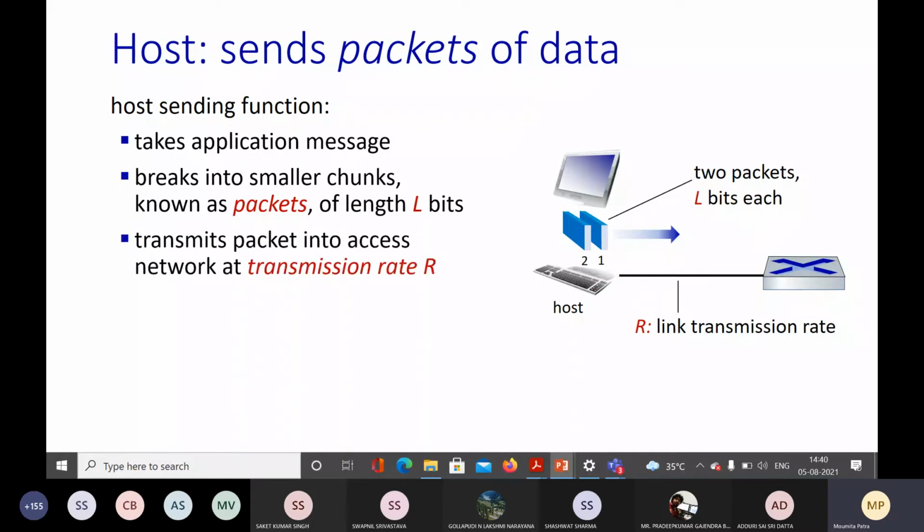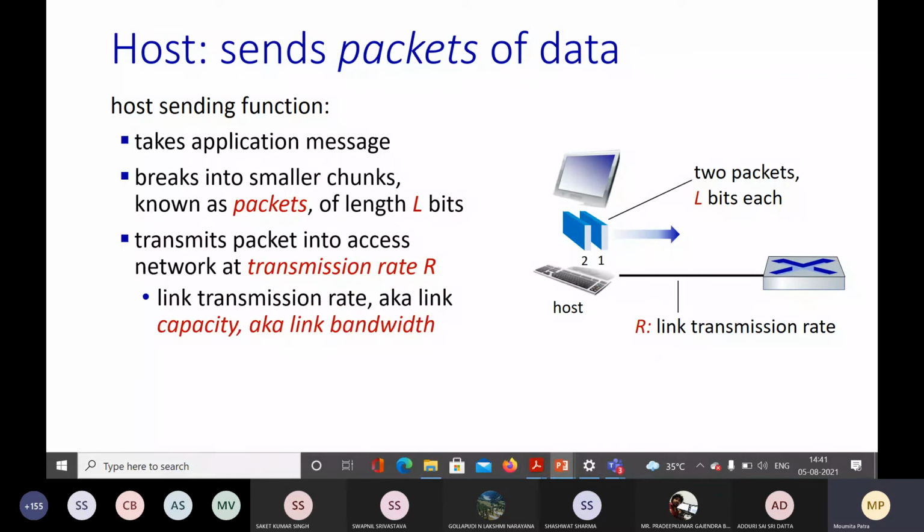And the communication link from your system to the switch that is here is providing a transmission rate of R. Now, this transmission rate R is also known as the capacity that the link is providing, or the bandwidth that the link is providing.